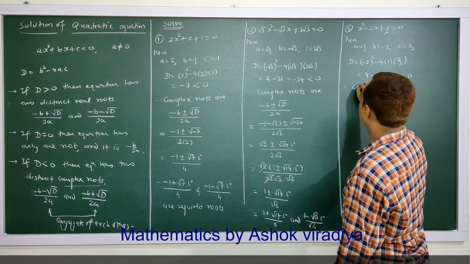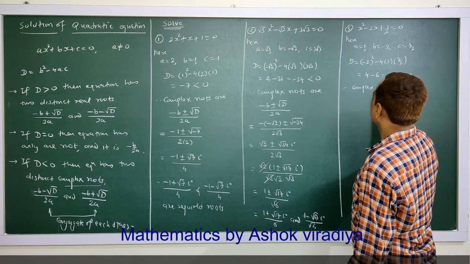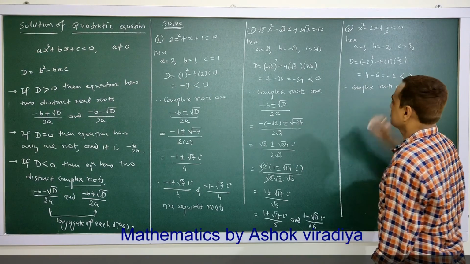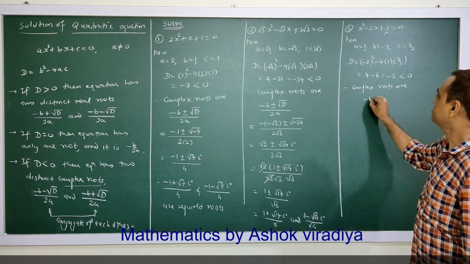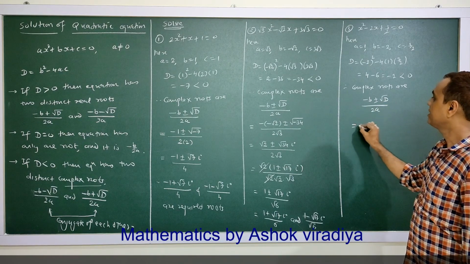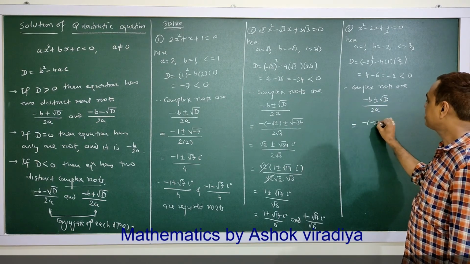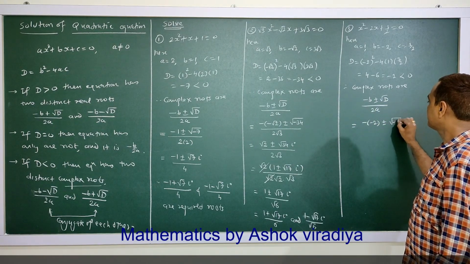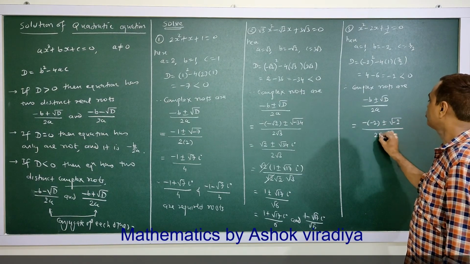Therefore, complex roots are (-b ± √D)/2a. So -b is 2, plus or minus root of -2, upon 2 into 1.